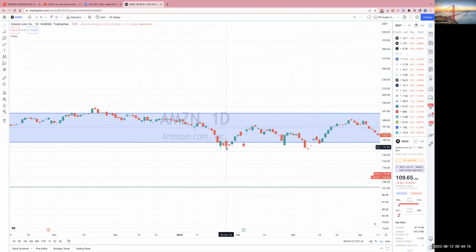But as long as I have my stop all the way down here, not right here at the bottom of this closing opening, no, all the way down here, I'm not going to be shaken out. And I will be able to participate in that rally from, let's say, 144 all the way up to 150. And from there, I would get out, or I will sell my call option.